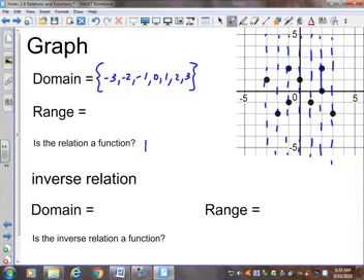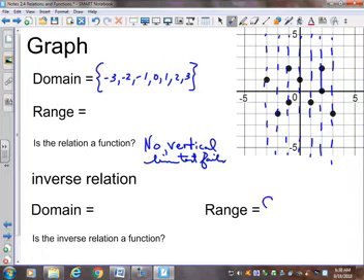So this is no. And we used a vertical line test to test that out. Now, this domain becomes the range of our inverse. So I'm going to go ahead and write that down.